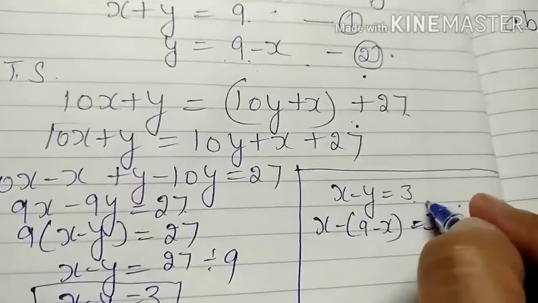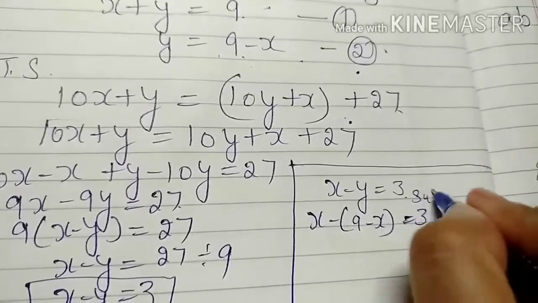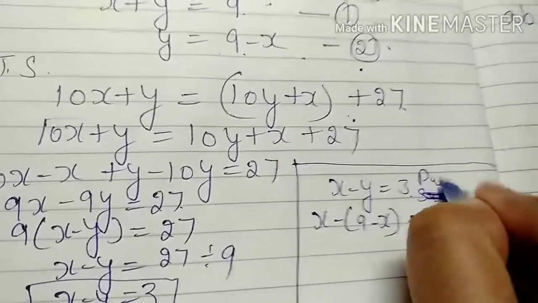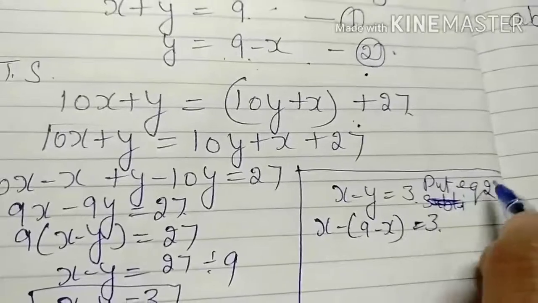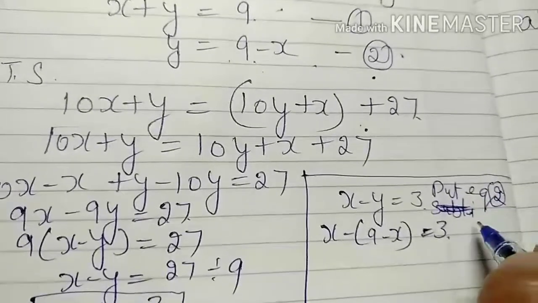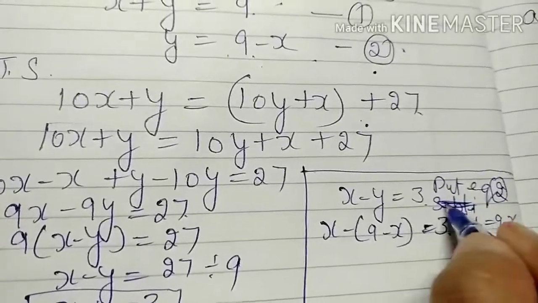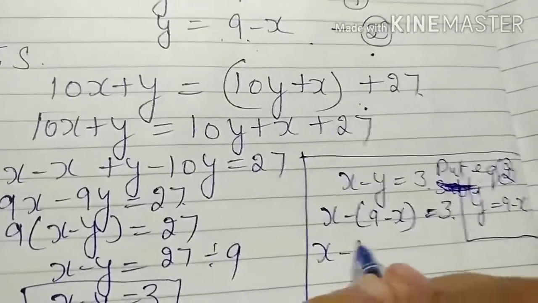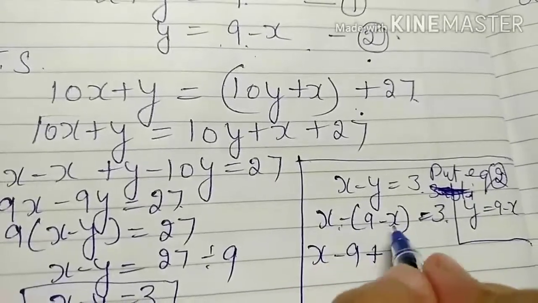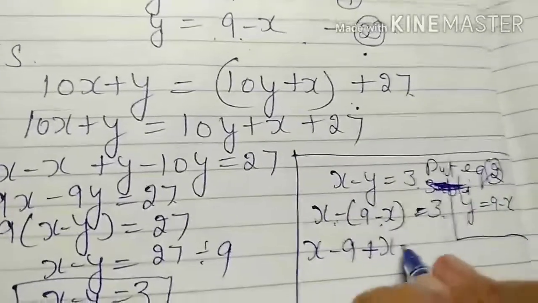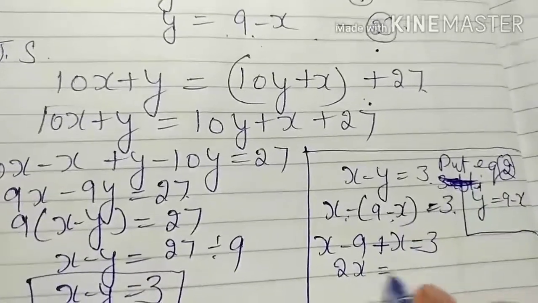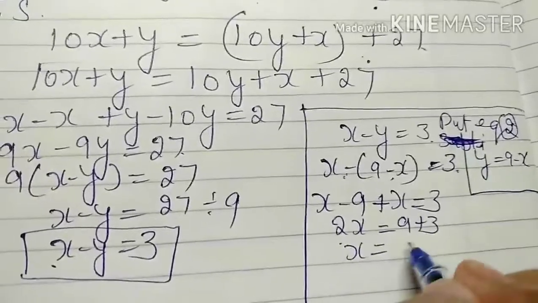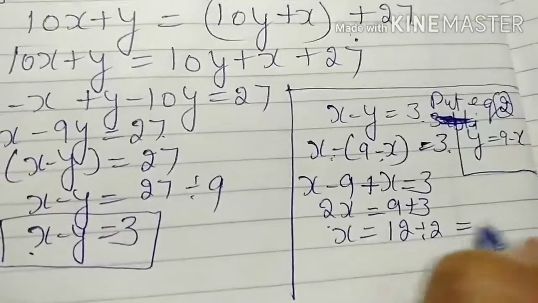Substitute equation 2, or you can directly write, put equation 2 here, that is y is equal to 9 minus x. Now x minus 9, when you multiply negative with negative, that gives positive x, is equal to 3. Then 2x is equal to 9 plus 3. Then x is equal to 12 divided by 2, which gives me 6.